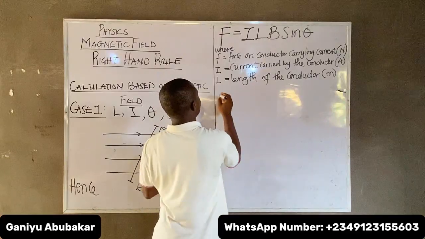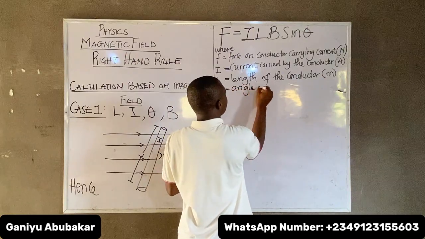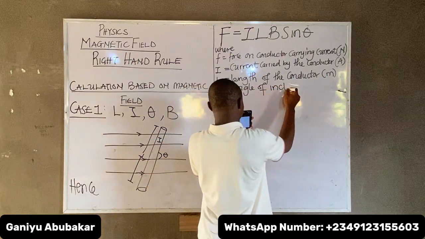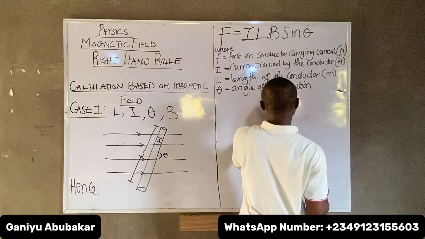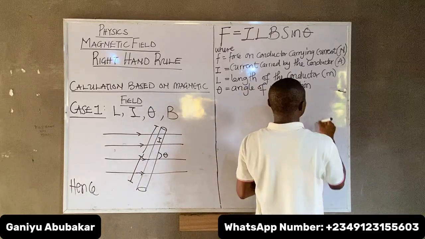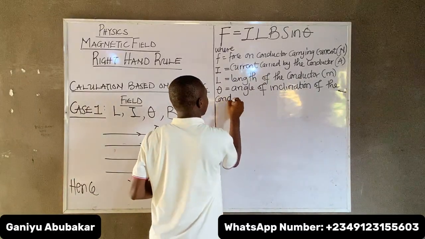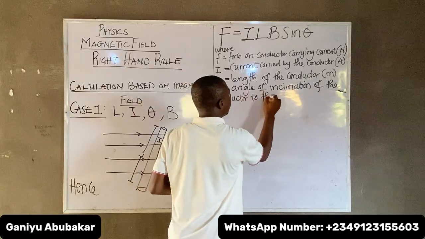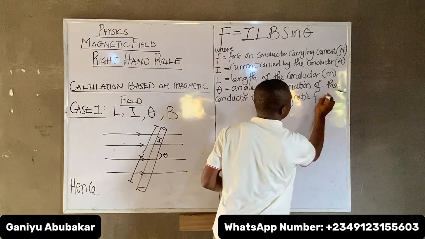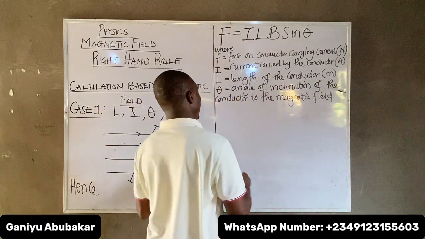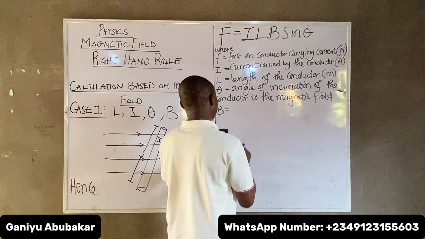Theta is called the angle of inclination of the conductor to the magnetic field. This is how you define them. Once again, B is called the magnetic field, or magnetic intensity.